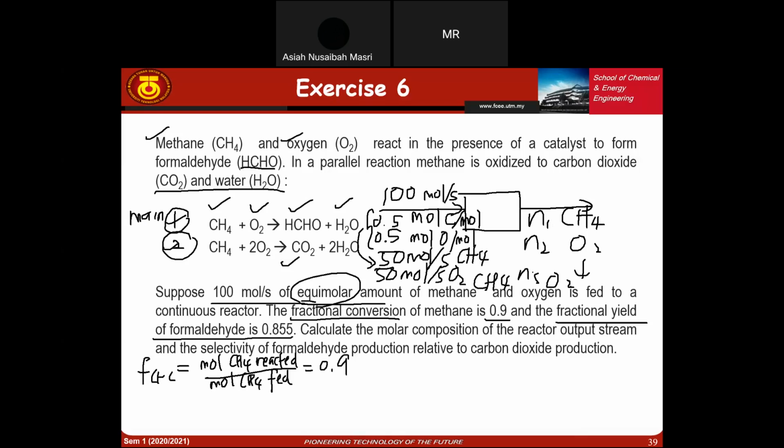In the previous lesson, we already learned about yield, where yield is equal to mole of product formed.